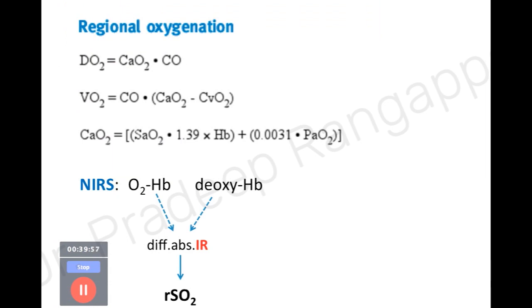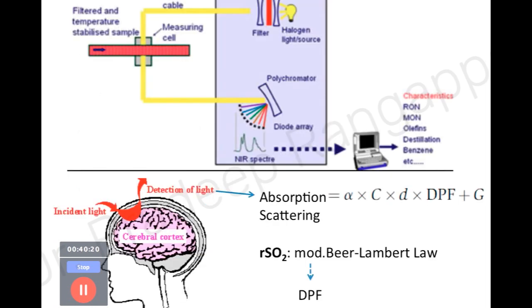So now coming to the last bit, which is regional oxygenation. This is another non-invasive way of measuring cardiac output. Here we use near-infrared spectroscopy to look at the differential absorption of infrared between oxyhemoglobin and deoxyhemoglobin. By capturing the differential absorption of the infrared, you derive the regional saturation and assessment of cardiac output.